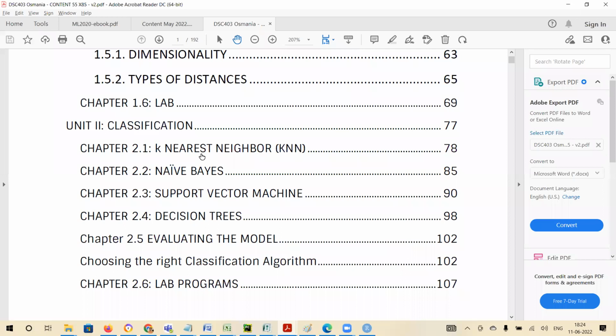Distance is nothing but the width or the size of the margin. So we are finding the largest possible distance between two data sets.